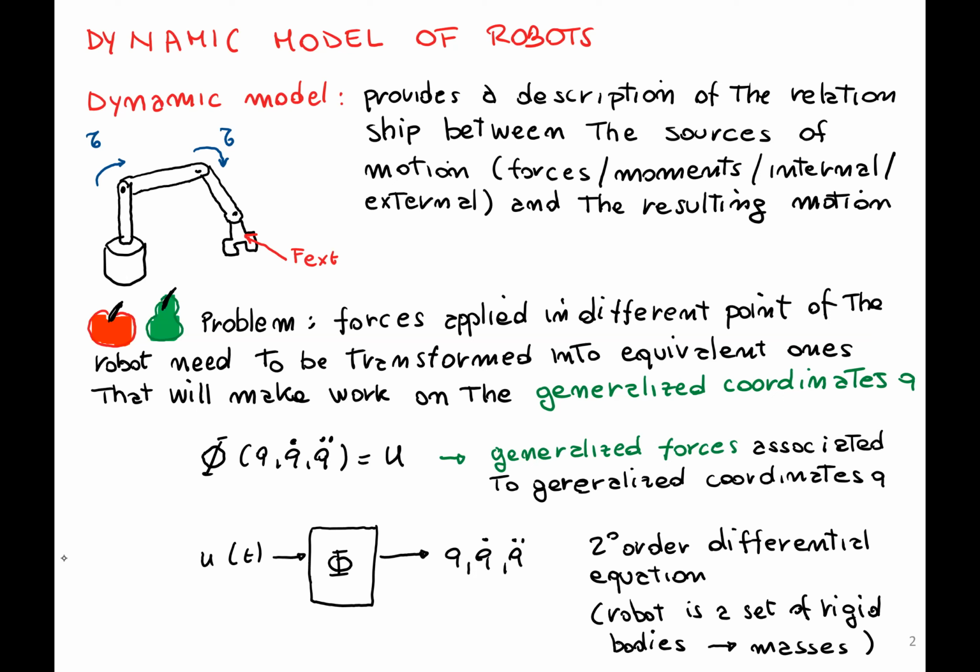So force equals mass times acceleration, and acceleration is a second-order derivative of the position. The number of second-order differential equations is equal to what? To the number of degrees of freedom, or number of joints, or number of generalized coordinates with which we parameterize our joint space.